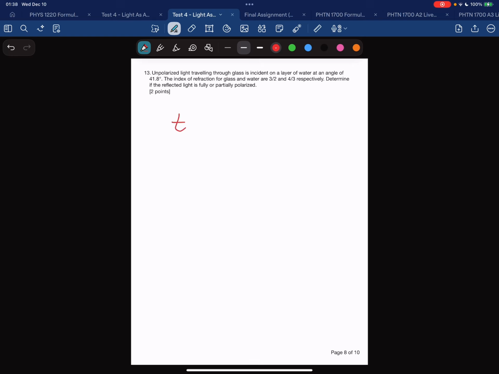Okay, so start by writing out our polarization angle formula here. We're going to solve for theta p. So we take the arctangent of both sides. The second medium here is water, so I will put 4/3 on top and 3/2 on bottom for glass, because that's where the light is currently traveling through. It's going to hit water. So water is N2, glass is N1.